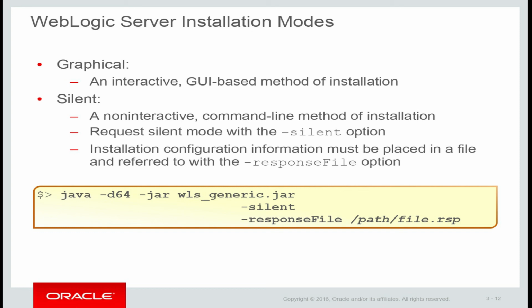This is just an exception. So with java -jar, you are mentioning that you are going to run the jar file, the generic jar or whatever name you have. If you are going to run silent, mention the silent option, otherwise it runs the GUI. Don't mention other things, and just press enter.